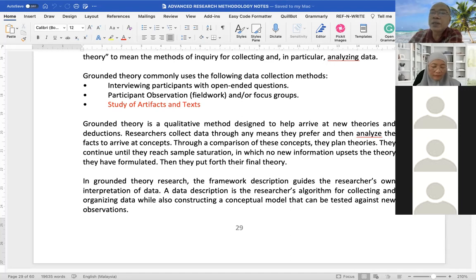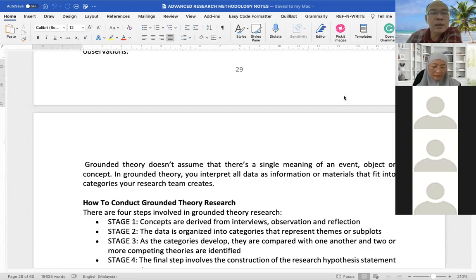So for example, when the researcher collects the data and then formulates the theory, the researcher will try to compare and contrast the new findings with the current theory and see if the new findings are in line or not, whether the new findings contradict the existing theory or not. Okay.